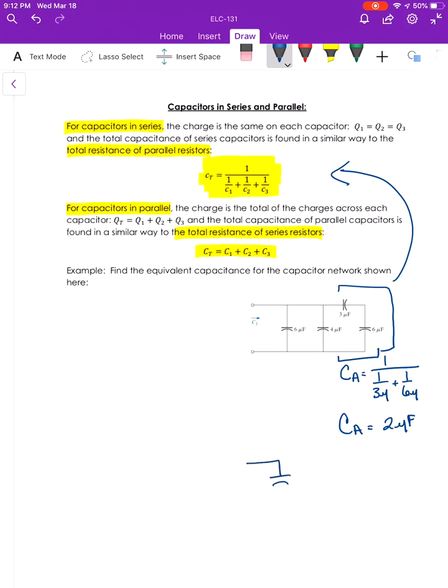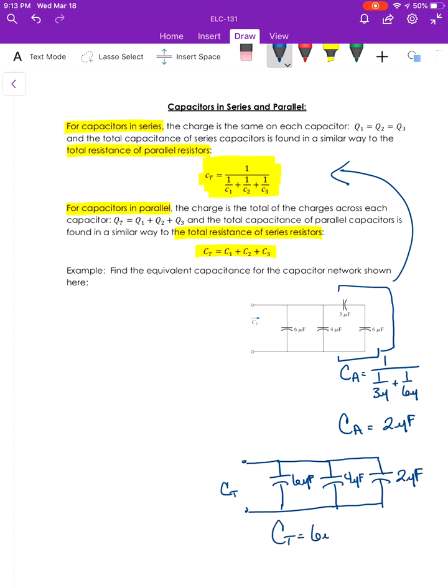So if I were to redraw this with the 2 microfarads at the end, this is kind of like reduce and return that we did with series parallel circuits. So then we've got 2 microfarads, 4 and 6. All of these are now in parallel because they share 2 points in common.